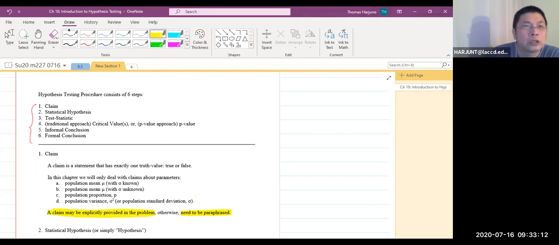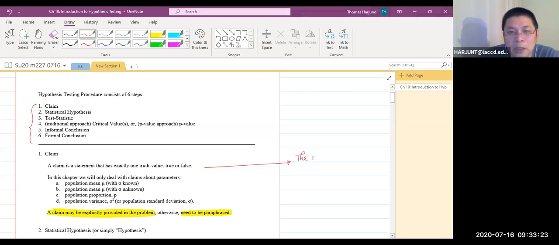To be more precise, let me give you an example of a claim. For example, the mean GPA of West LA College students is at least 3.0.